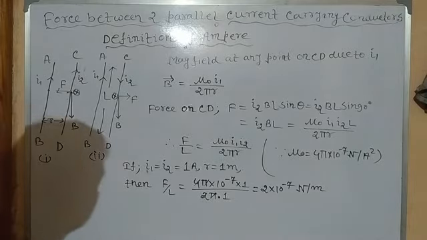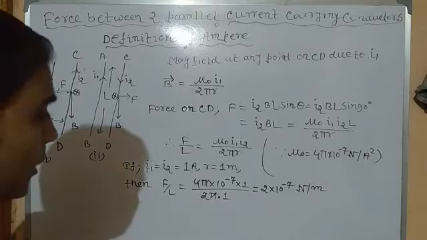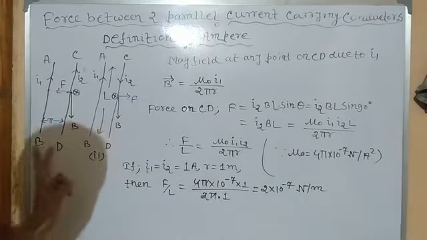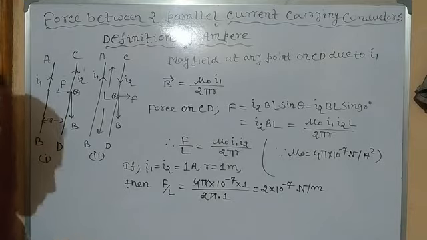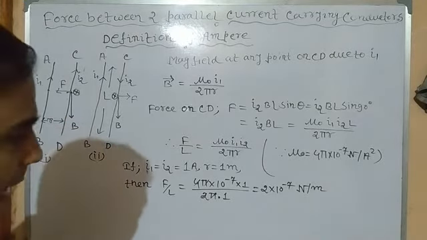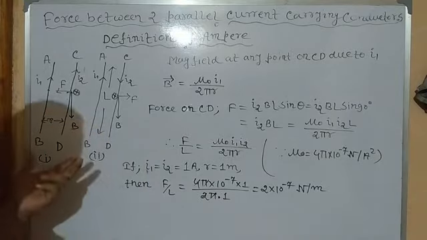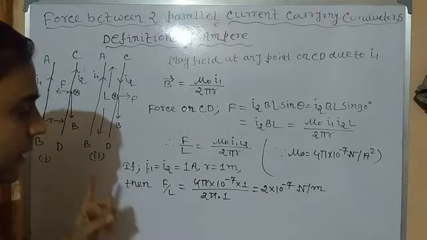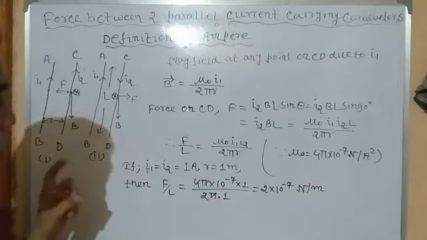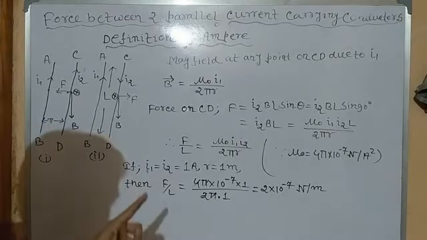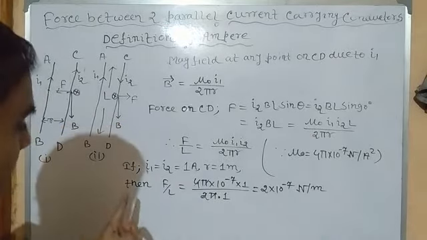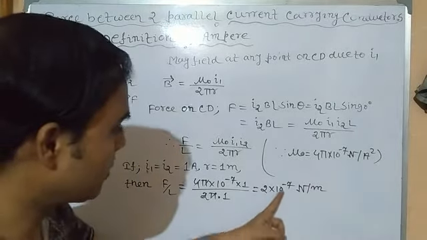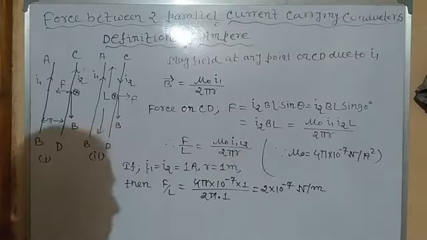If two parallel current carrying conductors are separated by 1 meter in vacuum, then the current due to which the two conductors exert a force of 2 into 10 to the power minus 7 Newton per meter on each other, that current is called 1 ampere.